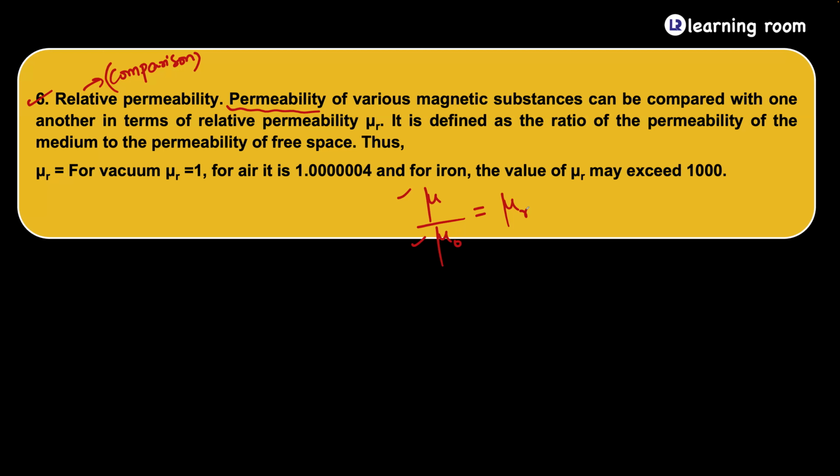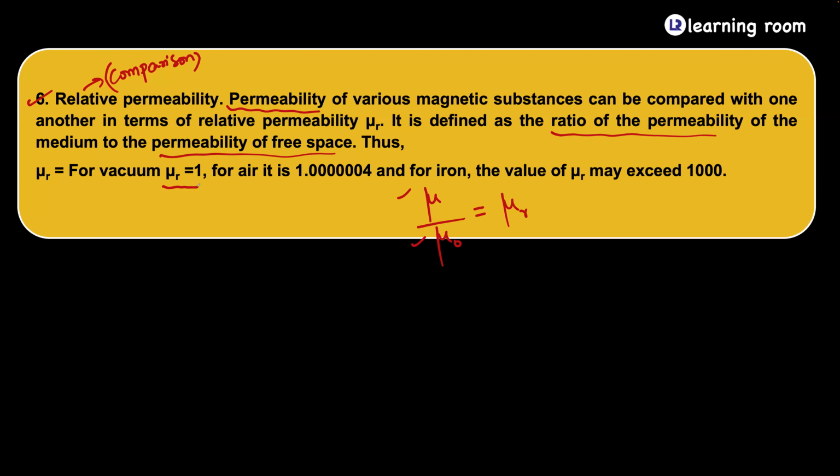It is defined as the ratio of permeability of the medium to the permeability of free space. When it comes to the unit, it does not have any unit because it is a ratio of the same physical quantity and is a dimensionless quantity. The relative permeability of vacuum is 1, because you have mu naught by mu naught, which gives 1.